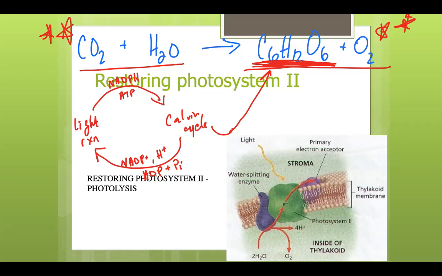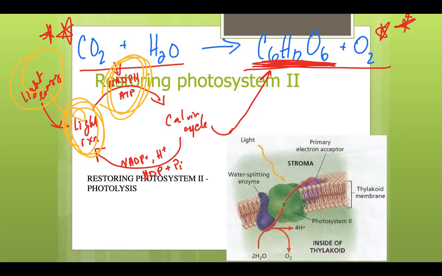In order for the Calvin cycle to work, you need chemical energy, which is here, and then of course, light energy. So the purpose of the light reactions is to take light energy and produce chemical energy. The purpose of the Calvin cycle is to take that chemical energy and turn it into organic compounds.